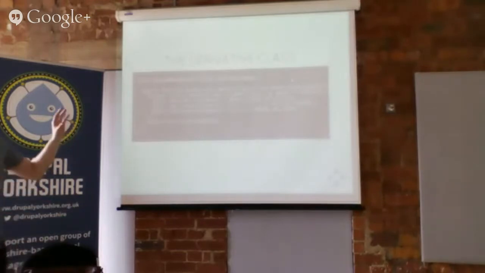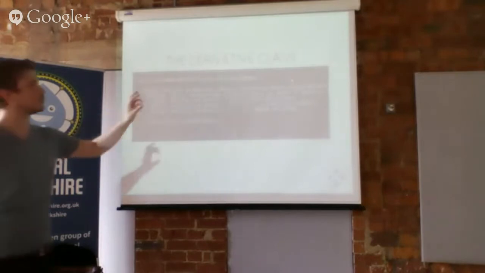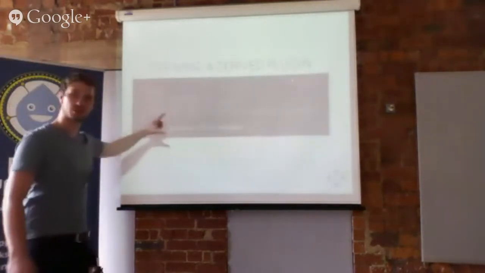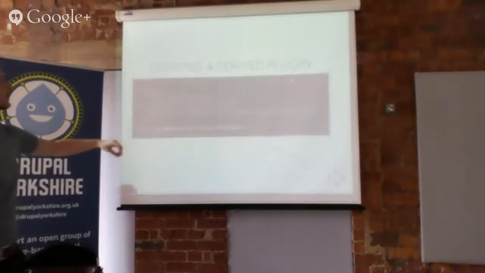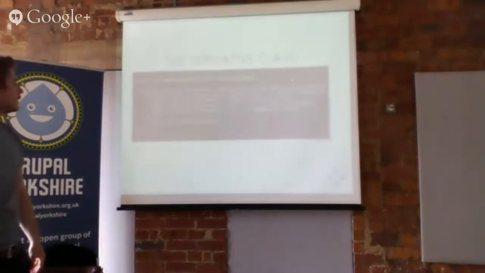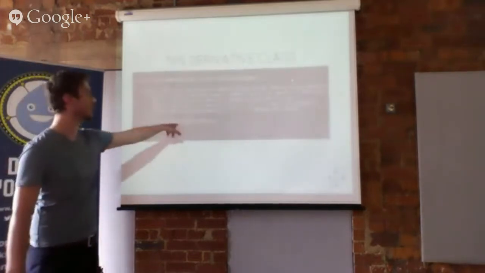So this method takes the base plugin definition, which is this. So that gets that as an array. That's the base plugin definition. And the job is to return an array of derivatives.